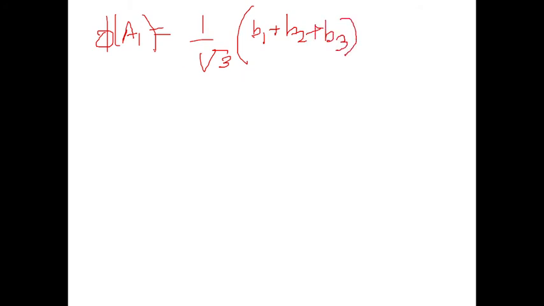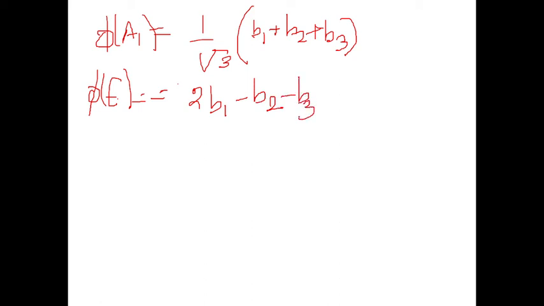Okay, and then the SALC 1 of E symmetry is equal to 2b1 minus b2 minus b3. So on normalization, I have to normalize it like any other wave function.